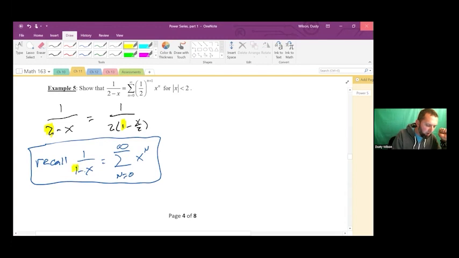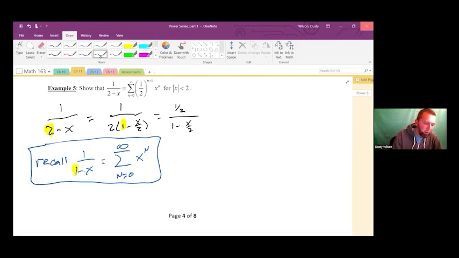Here's that 1 that we want. But notice there's no 2's in sight. So if we don't like the 2, we could move that 2 upstairs. So we have a 1/2 divided by 1 minus x over 2.